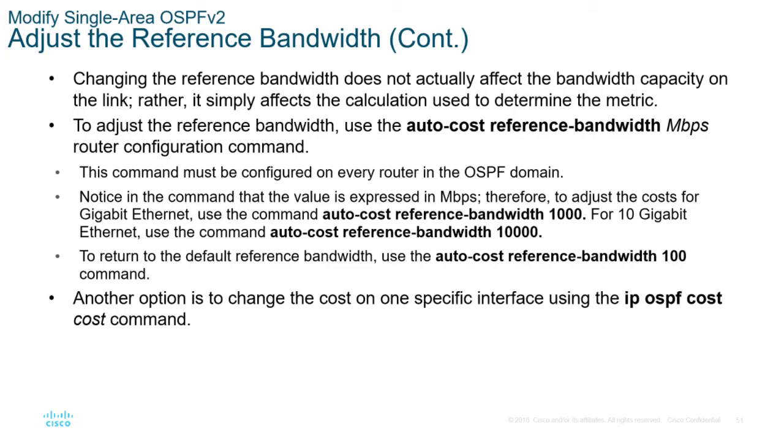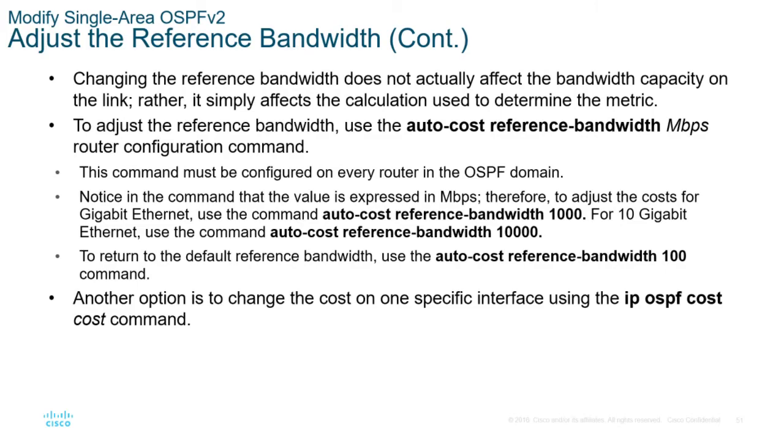So looking at this, we can change the reference bandwidth by using the auto-cost reference-bandwidth command, and that makes actual changes to the interface itself.